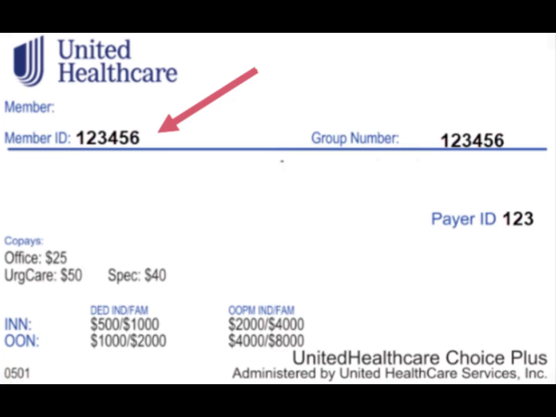So the first piece of information, and this is the very most important piece of information, is the member ID number. You'll normally see that right in the middle of the card. This could be alphanumeric, meaning it could have letters. It could be a combination of letters and numbers. However, that particular set of numbers is what ties you to your insurance benefit and your insurance claims.